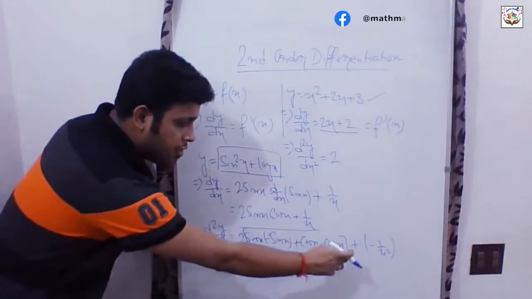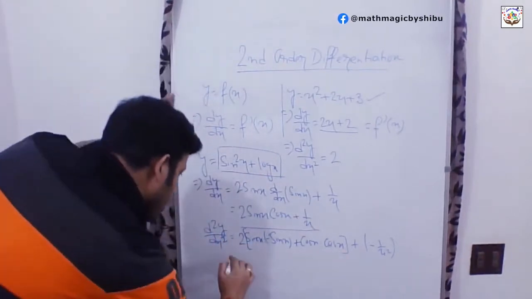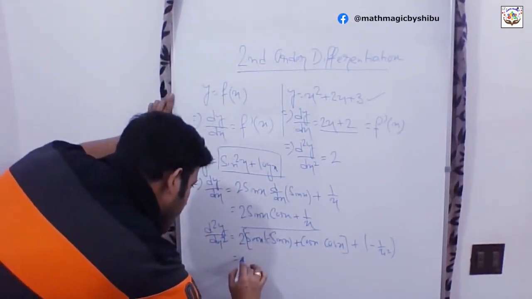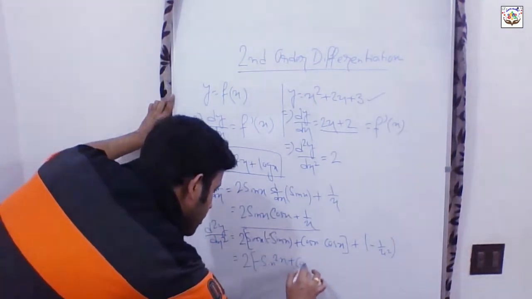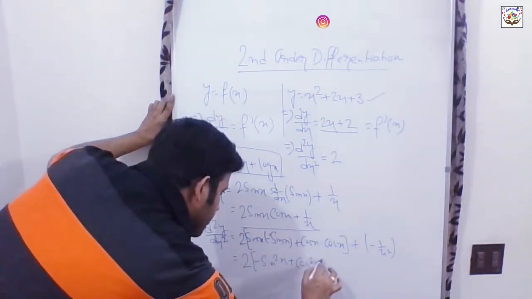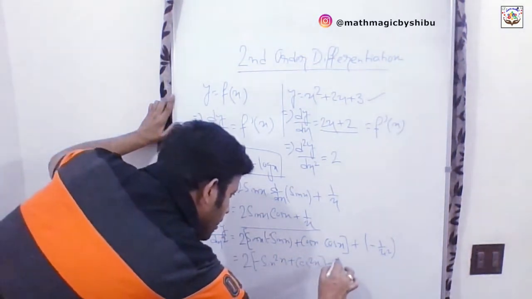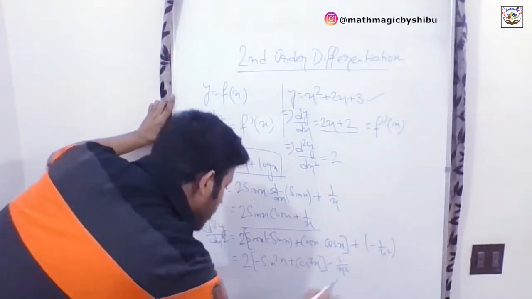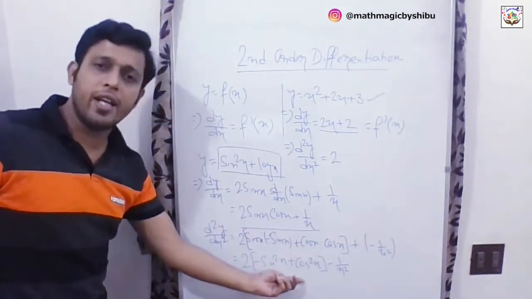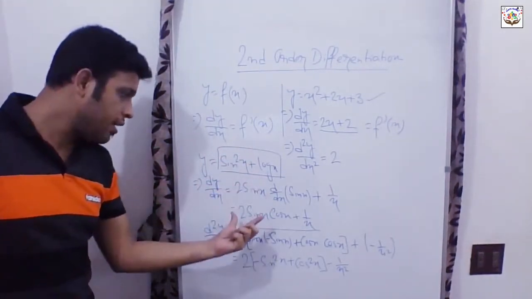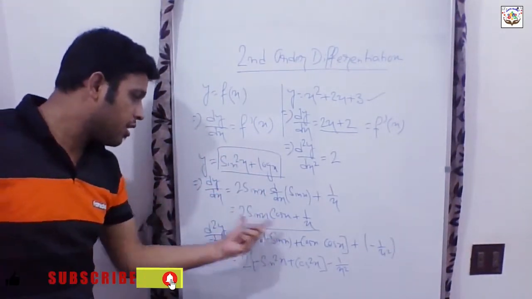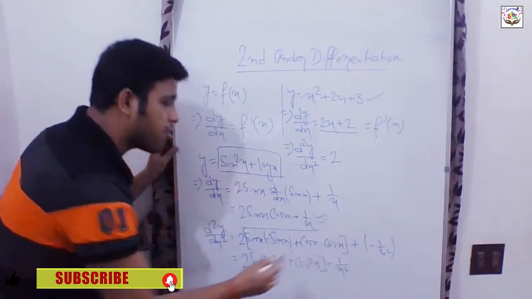So now we will simplify this one. What we'll get is 2 times minus sine square x plus cos square x, minus 1 by x square. So this is the second order differentiation of this function expression, and the earlier one is the first order differentiation.